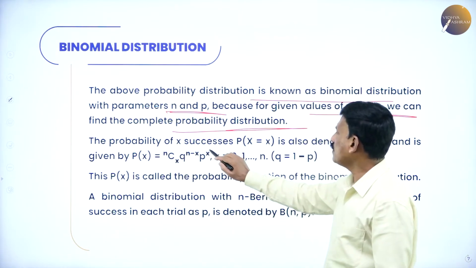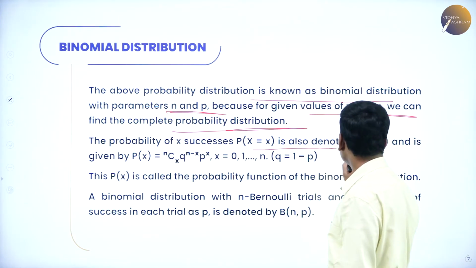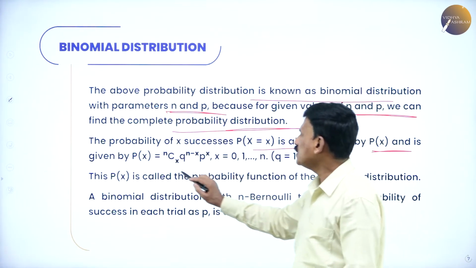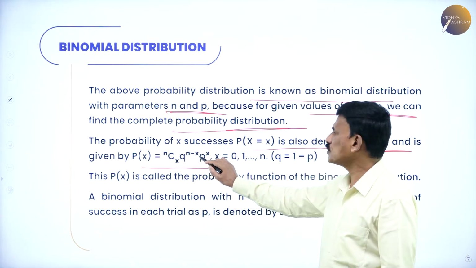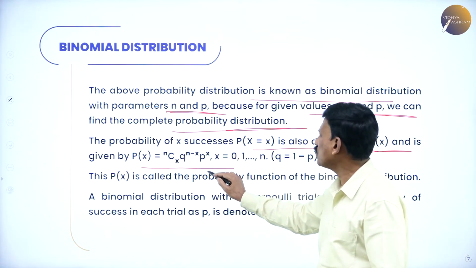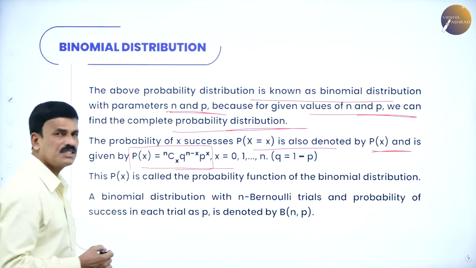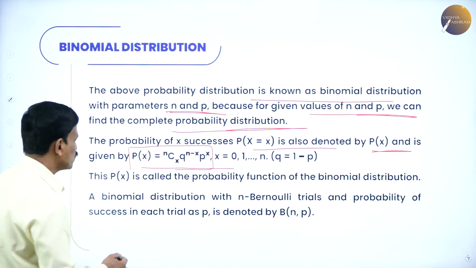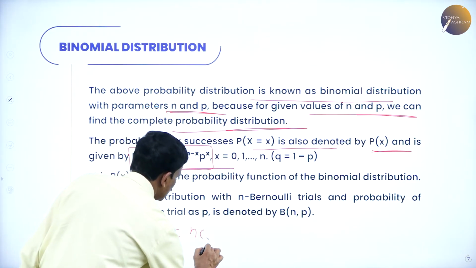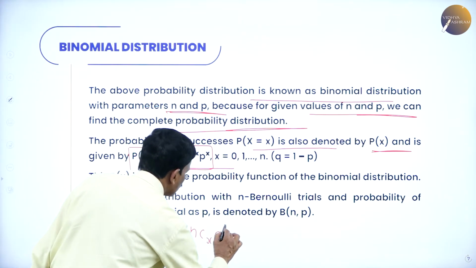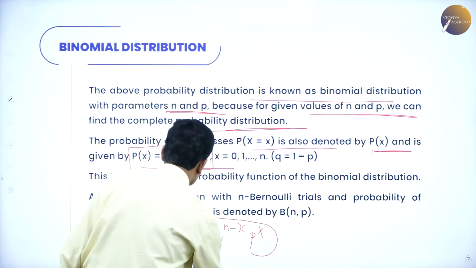Now, the probability of x successes is denoted as p(x) and is given by p(x) = nCx q^(n-x) p^x. This is a very important formula.